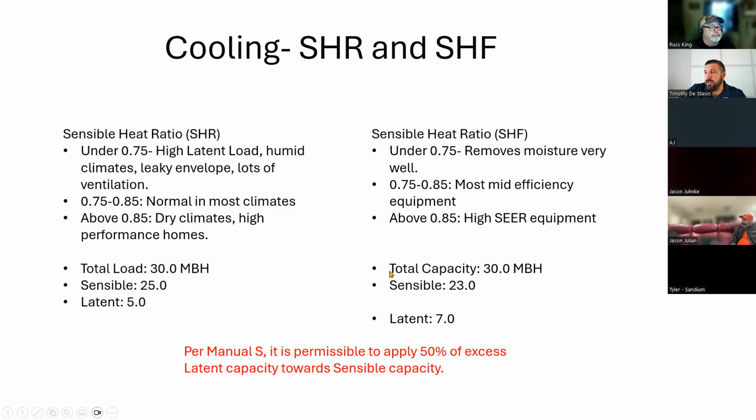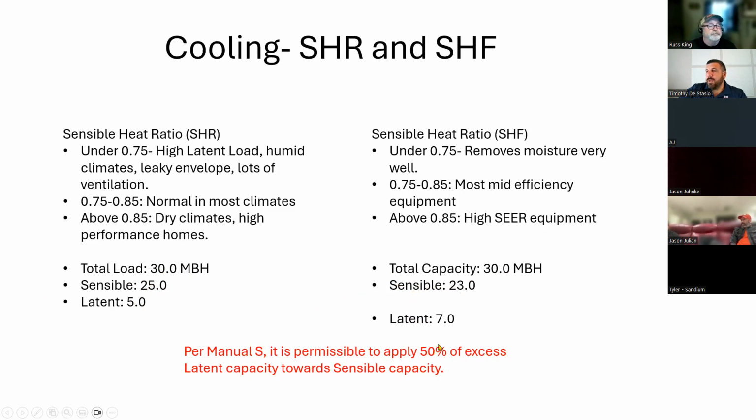So let's take an example here, and I think I just realized my math may be a little bit wrong. Let's say here's your load: 30 total, 25 sensible, 5 latent. Here's your capacity: 30 total, only 23 sensible, so we're under the 25. We may not actually reach our thermostat set point on a hot day, but we've got excess latent.